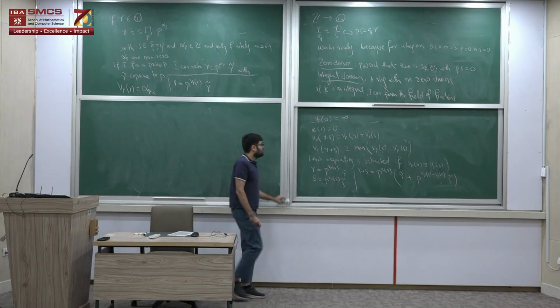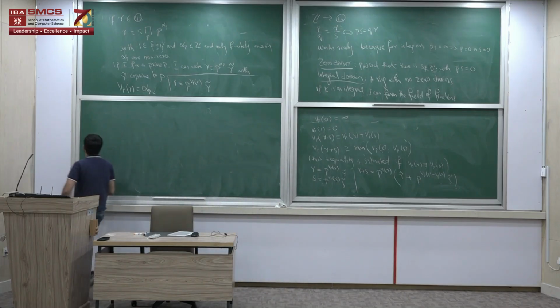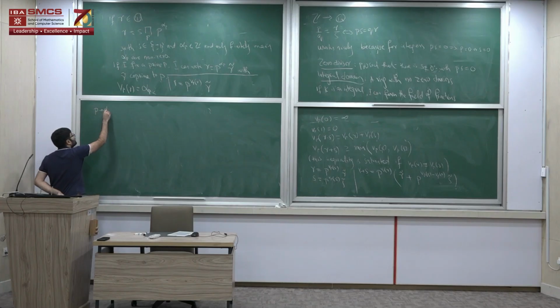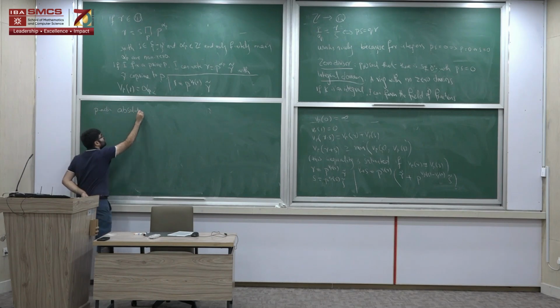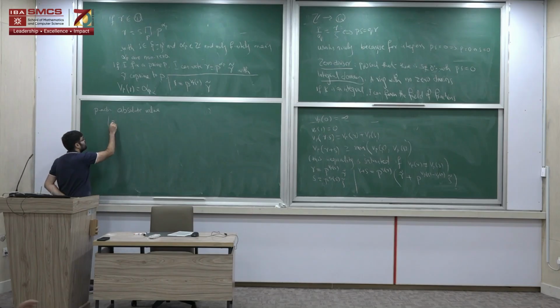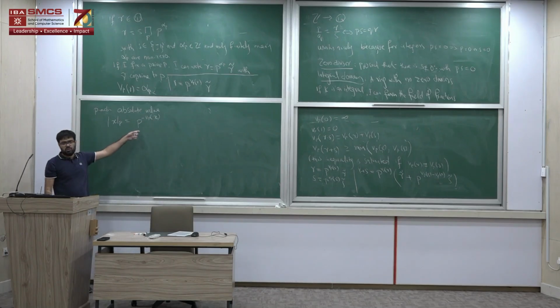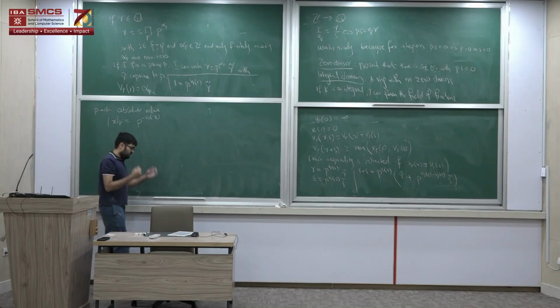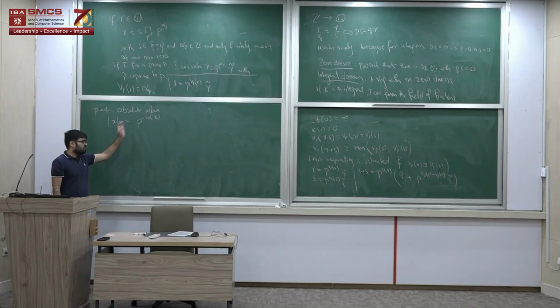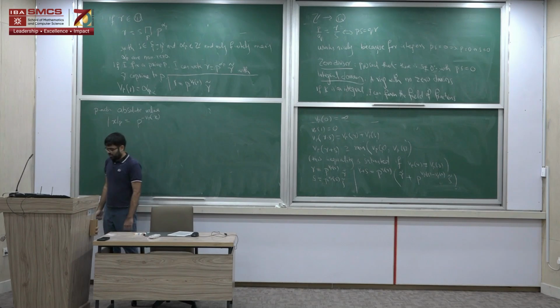Now I can define the p-adic absolute value. I will write it as |x|_p, with the p there to remind me that this depends on the prime, and it is just p to the minus valuation of x. This p is not so important, it can be any positive integer, but since we already have one available, let us use it.